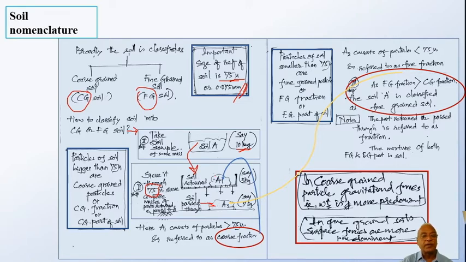Here A1, the upper part, consists of particles greater than 75 microns, and it is referred to as coarse fraction. The particles of soil which are bigger than 75 microns are coarse particles, called coarse fraction.